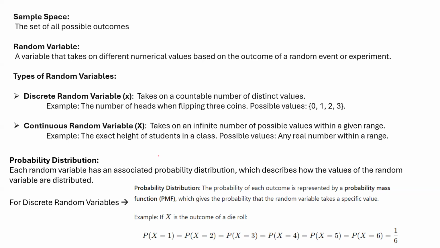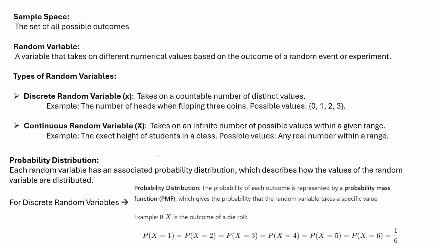Coming to probability distribution, for a discrete random variable we use something called a probability mass function, which is calculated by taking the probability of each possible value.